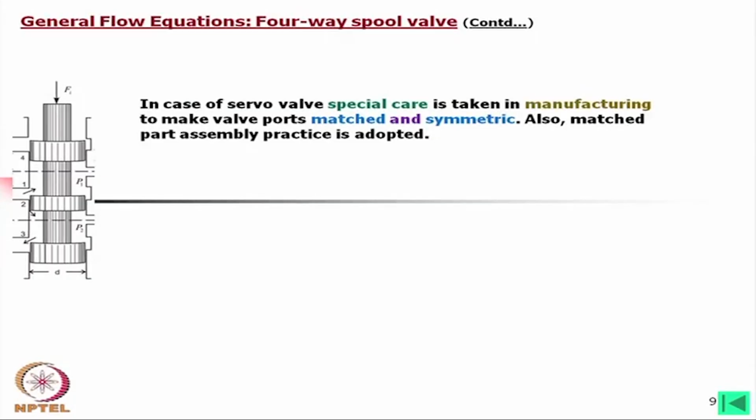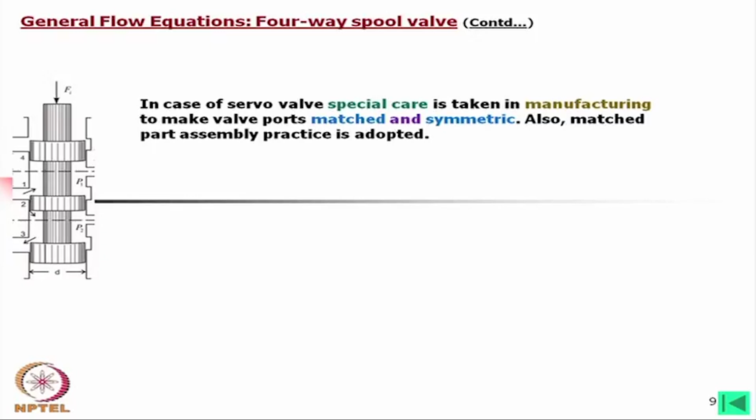Then I asked why it is done. Actually, in case of servo valve, it is so sensitive to the sleeve and spool dimensions that if there is a slight error, the whole valve has to be rejected. In fact, servo valve means the feedback control is completely inside, there is no external control over there.